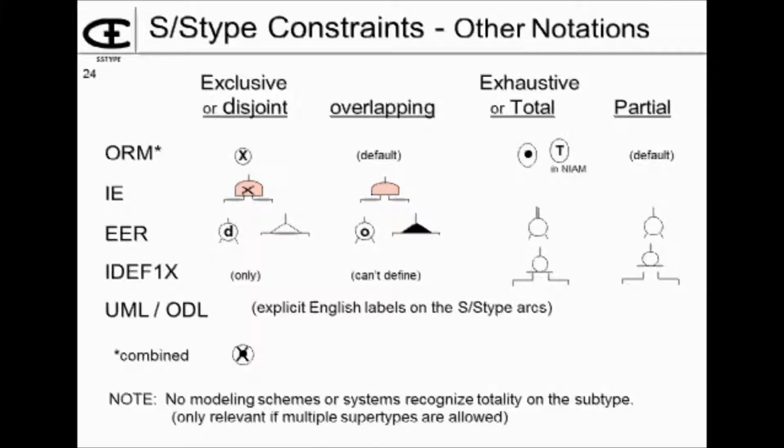You have to just express it in words. And also in ORM, we permit you to combine the exclusive and the mandatory because that's not an uncommon situation. You can combine them into a single graphical notation. No modeling scheme recognizes the totality on the subtype. So that's why I didn't list it in the table.